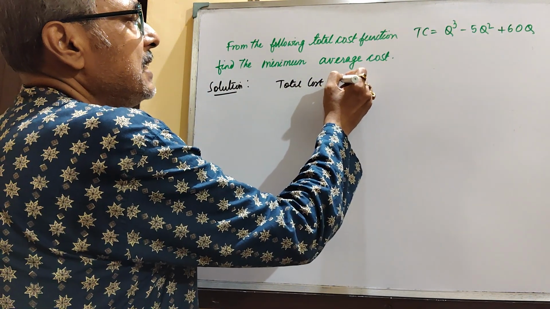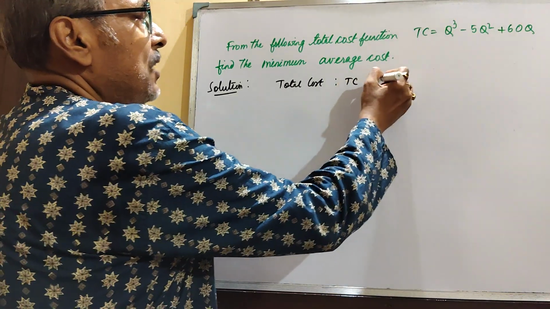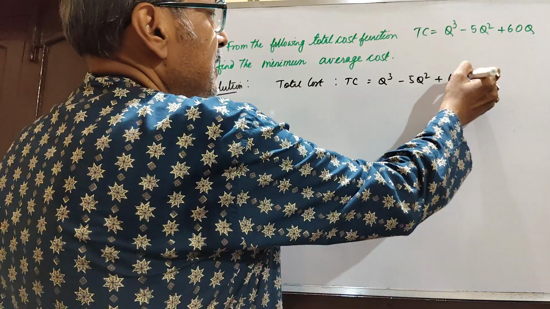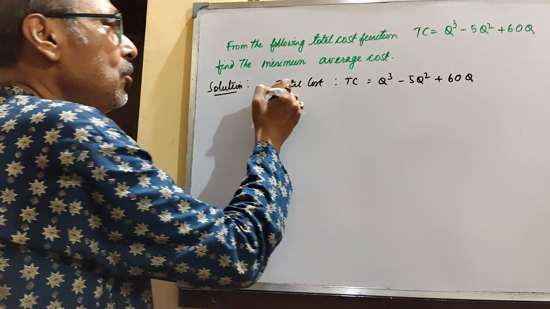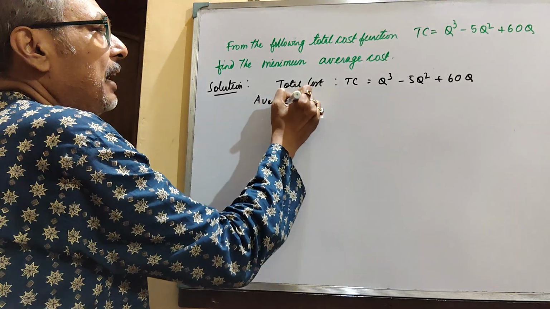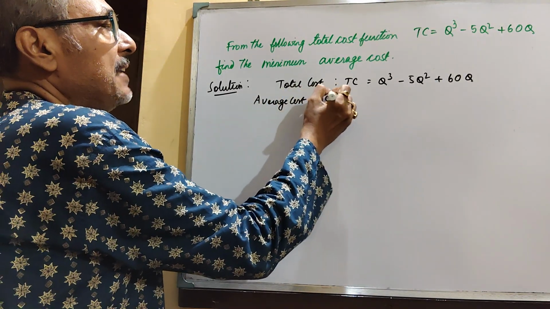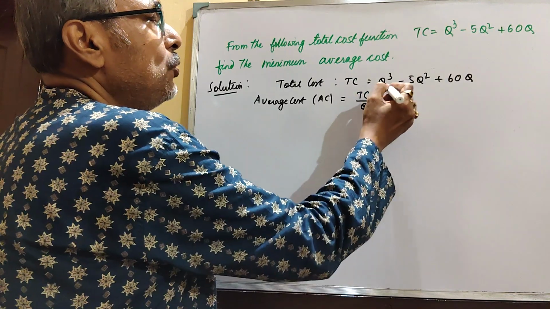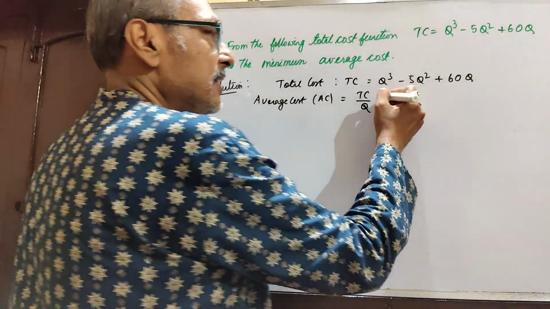Total cost is TC equals Q cubed minus 5Q squared plus 60Q. Now average cost, denoted by AC, equals TC divided by output Q. Q is the output.